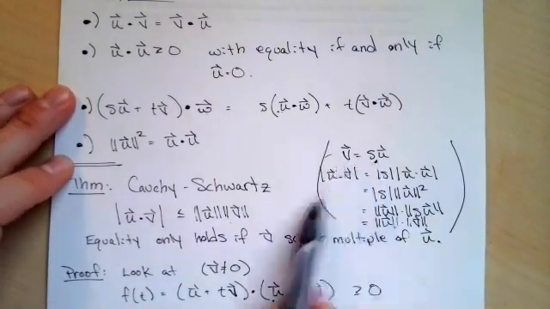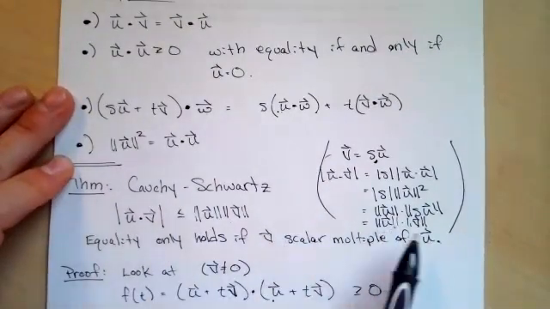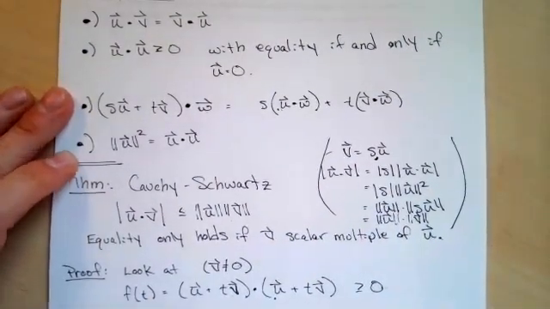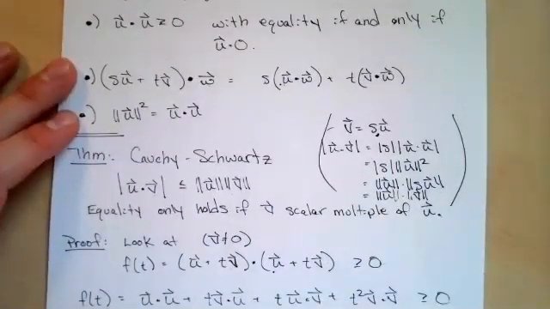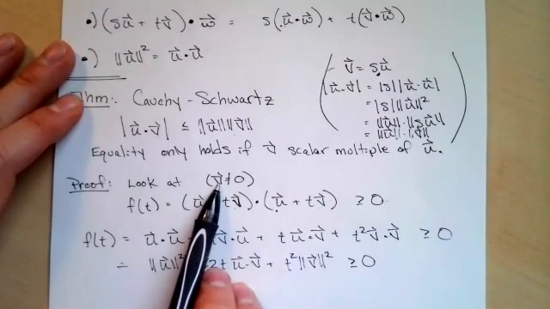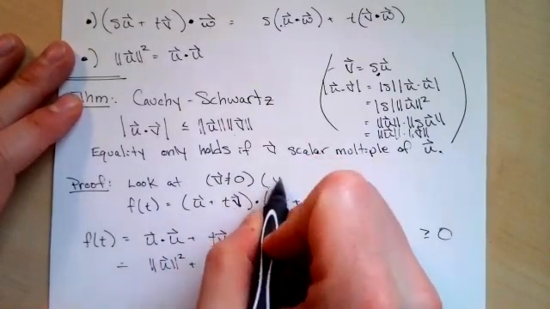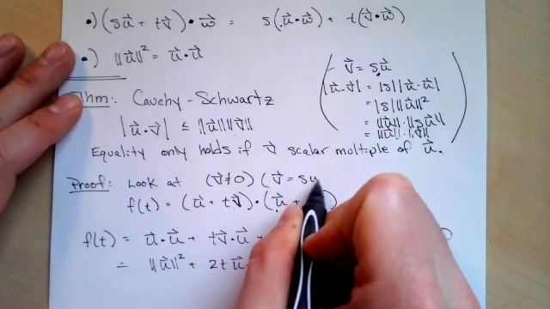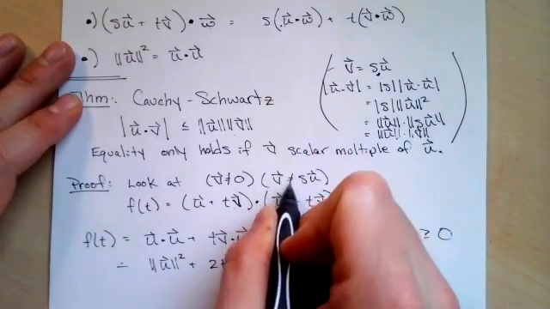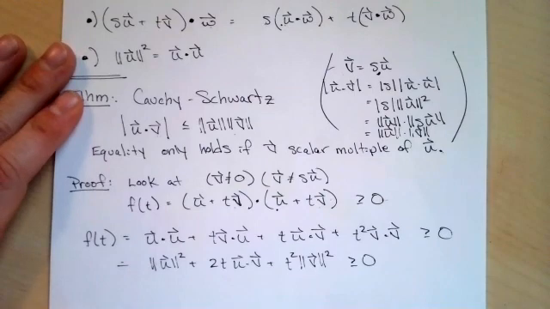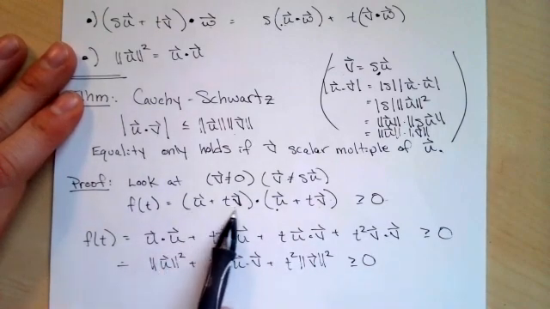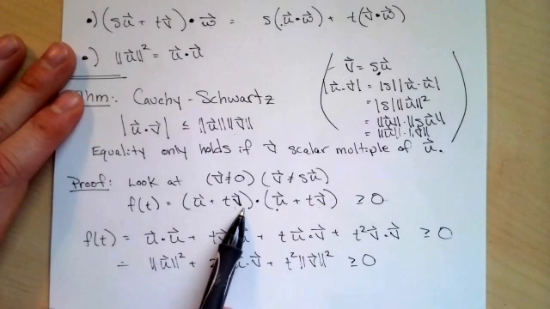So that case, fairly straightforward. If v is a scalar multiple of u, Cauchy-Schwarz inequality we proved directly by computing, and we saw that equality holds. So now with our procedure, we want to assume not only is v non-zero, but that v is not a scalar multiple of u. And so if v is not a scalar multiple of u, then that means that this u plus tv cannot be 0.